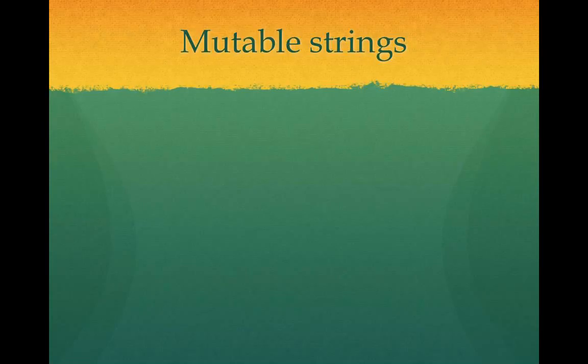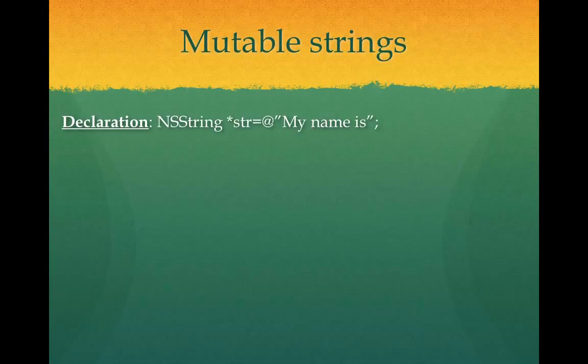So how do we declare? Just to remind you how to declare a regular string, NSString, str, my name is. To declare a mutable string, it is called NSMutableString, and you assign a name for it. In my case, I will assign the name mutstr for it.